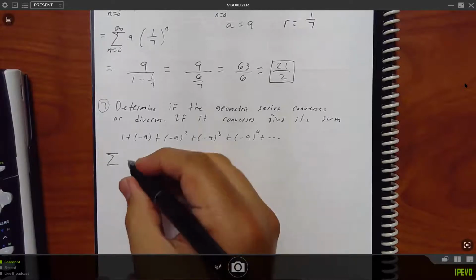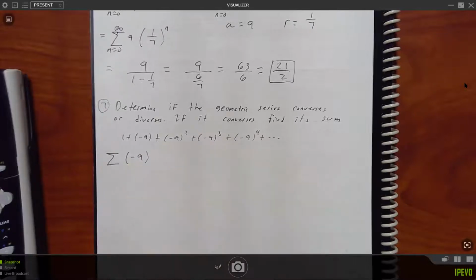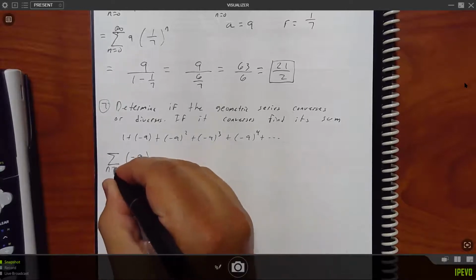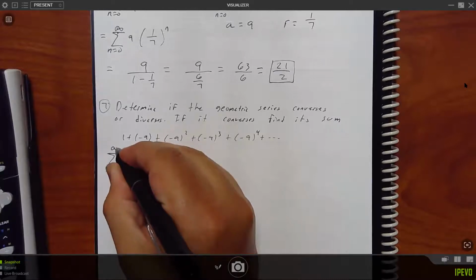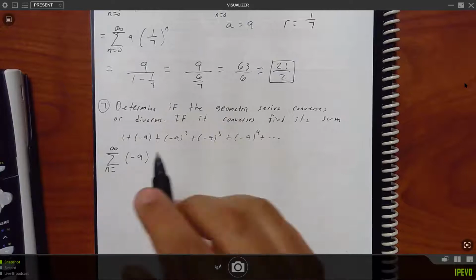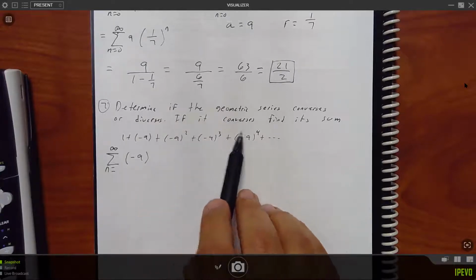So I'm thinking there has to be a -9 here, right? So what is the index? Let's start at 0. Right, clearly this is 1, 2, 3, 4.